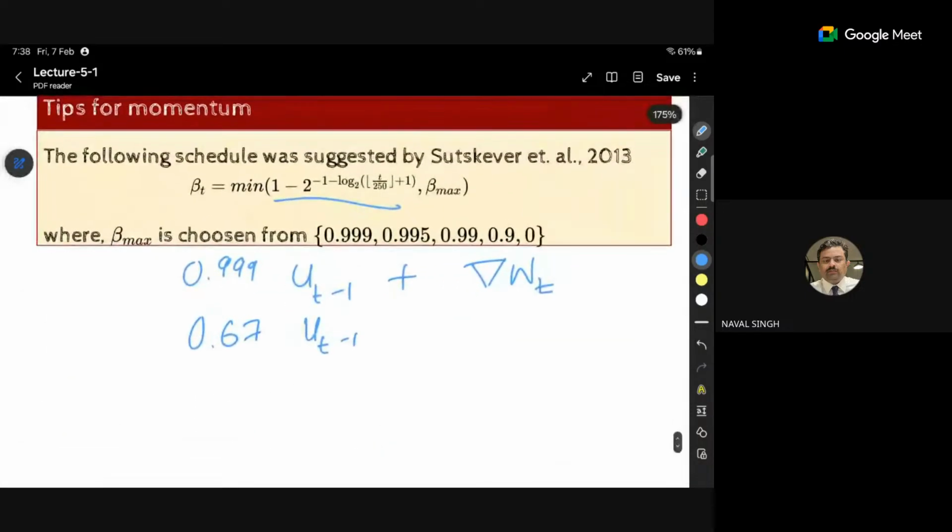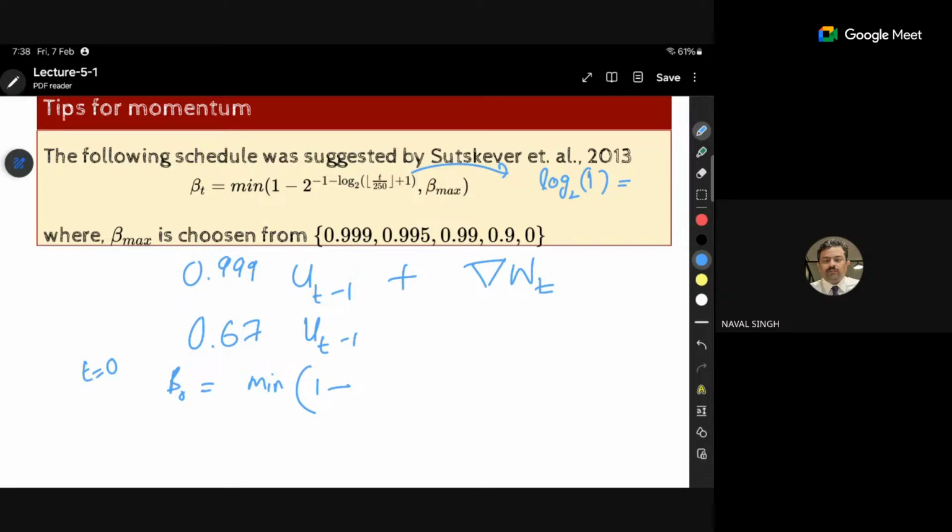So when you start with this, let's just take t as 0. Initially t is 0. Then what will be the value of beta t, or beta 0, in that case? I'll take the minimum of this thing, right? 1 minus 2 power minus 1, so log 2 base... Now if I take t as 0, then this whole term will become 0, and log of it will become log 2 base 1.